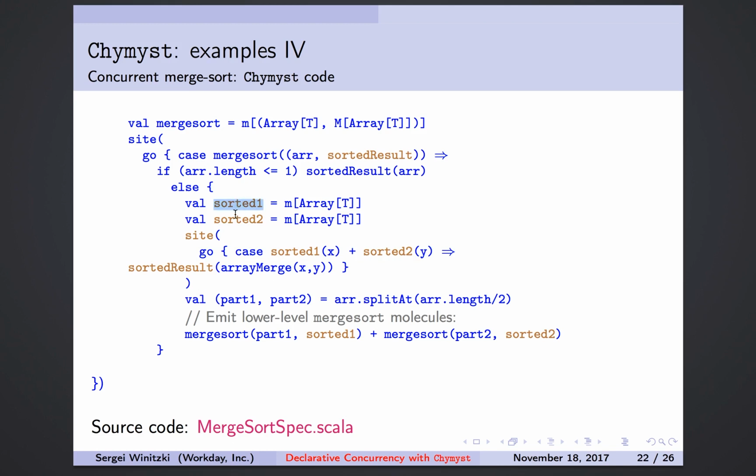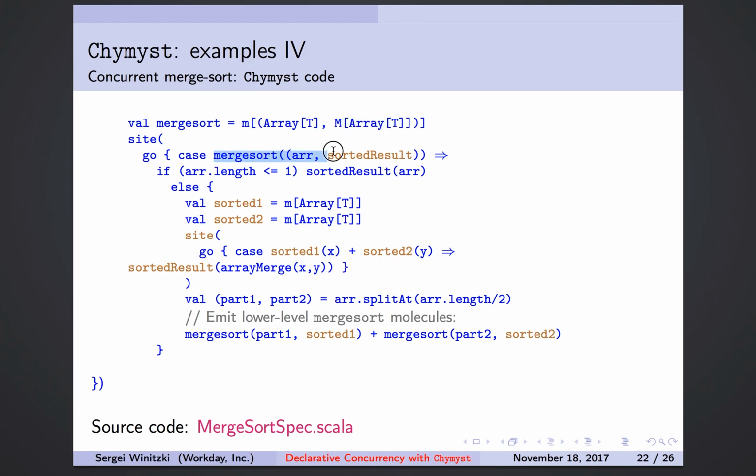So these are the sorted results now, and so it calls the emitter for merge sort, giving the sorted result emitters as the second argument. So here's how it would work. Initially, you would emit one merge sort molecule with the initial array and some emitter as the second argument.